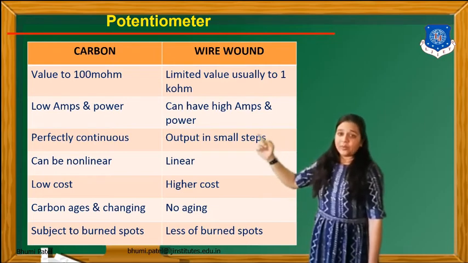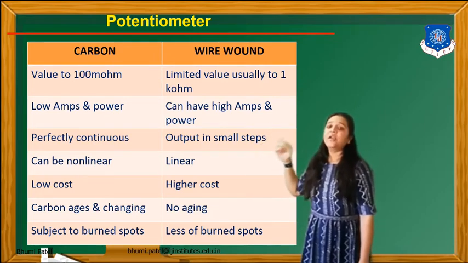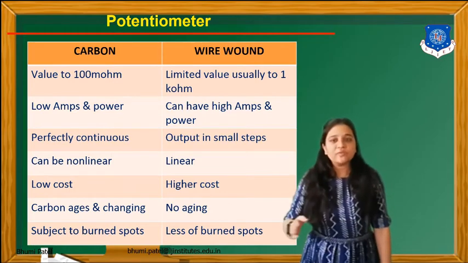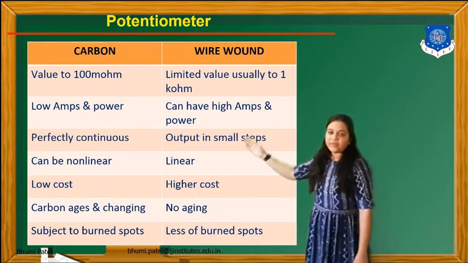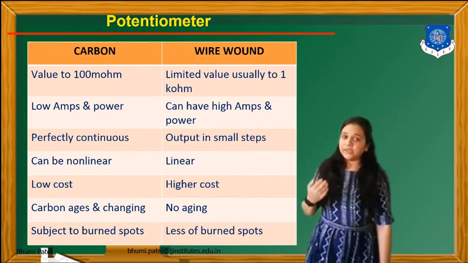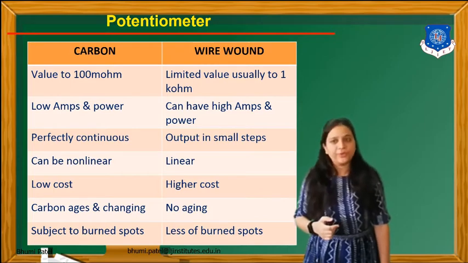In the carbon type, the value of the resistor is 100 milliohm, and the wire wound is usually limited to 1 kilo ohm. The carbon type is for low amplifier and power, and if we require high amplifier and power, we can connect the wire wound potentiometer.